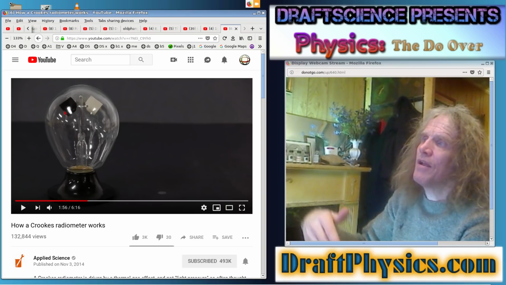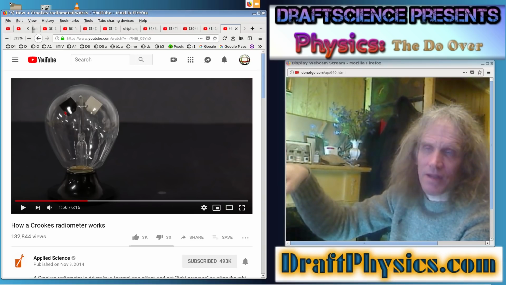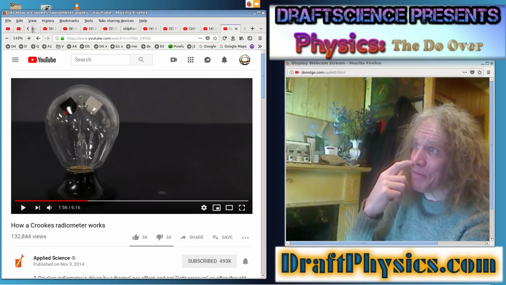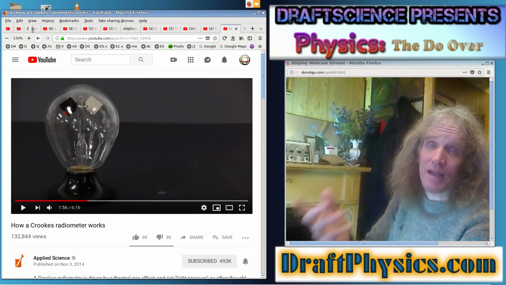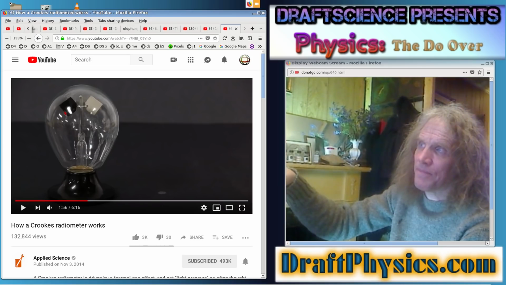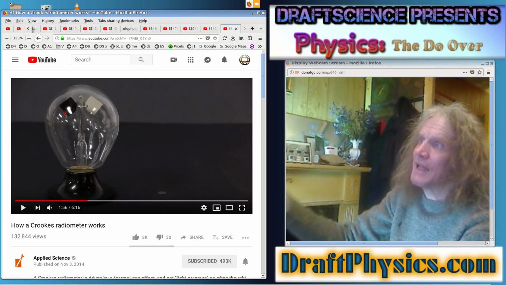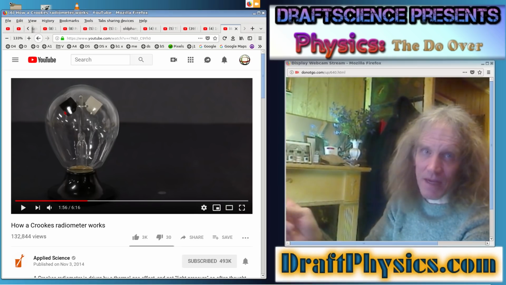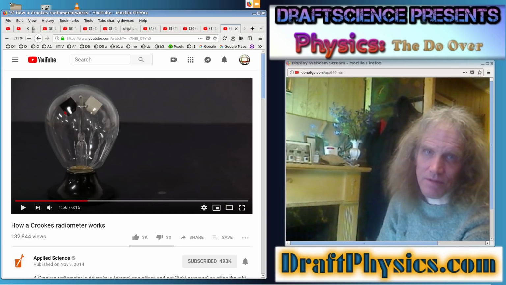So they are both losing energy, and the one side, I guess it would have to be the black side again, this time, just as it absorbed energy more readily, it's losing energy more readily. So that's why it's spinning in the opposite direction: now the black side is losing energy faster than the silver side.